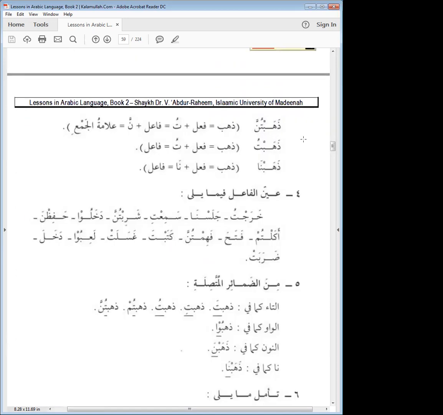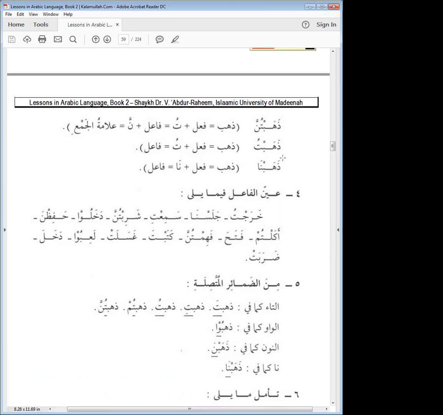Similarly, dhahabtunna: dhahaba is the verb, the ta is the fa'il, and the nun shadda is the alamatul jam'a for the muannath. Then dhahabtu: dhahaba is the verb, the tu is the fa'il. Then dhahabna: dhahaba is the verb, and the na is the fa'il.